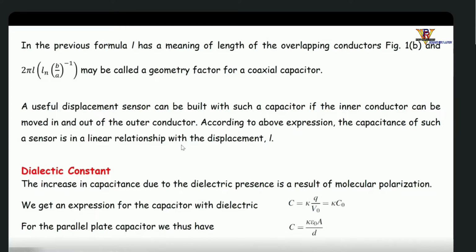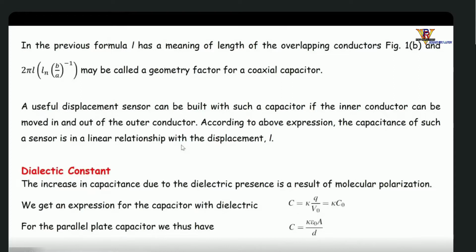The dielectric constant is also present in the expression of capacitance, as we have seen. The capacitance is expressed as epsilon naught A by D. So keeping A and D constant, if we change the value of the dielectric constant, then again we will have a variable capacitor. That can also be used to sense some other inputs.